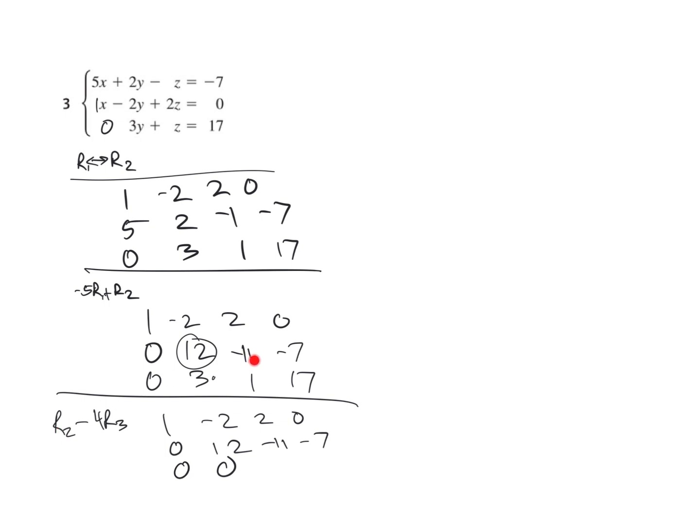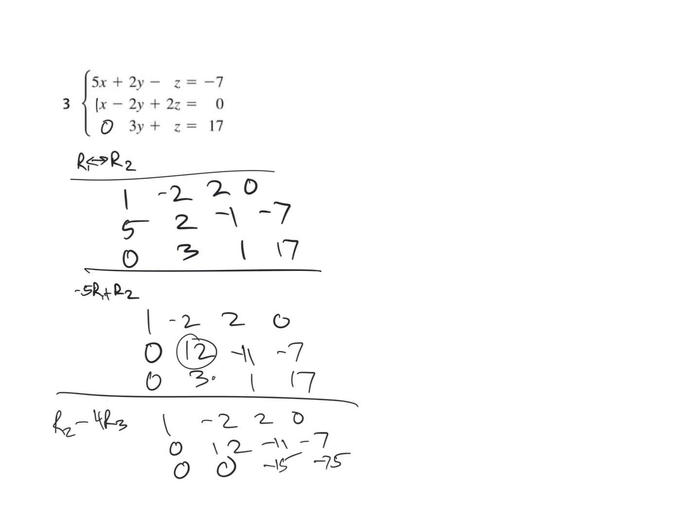Now, -11 minus 4 is -15. And -7 minus 4 times 17, which is 68. -7 minus 68 is -75. Okay?